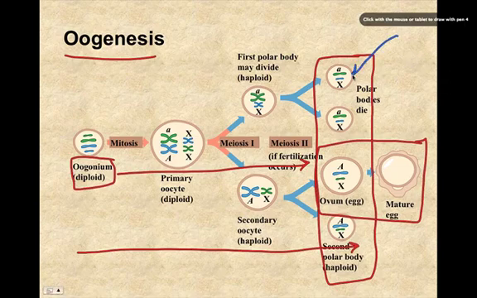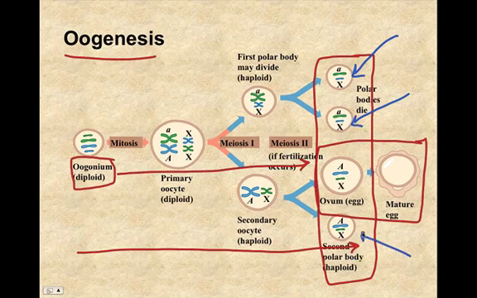The other 3 are called polar bodies, and these basically die off and are absorbed during the formation. So the females end up with 1 large egg at the end of their oogenesis formation.